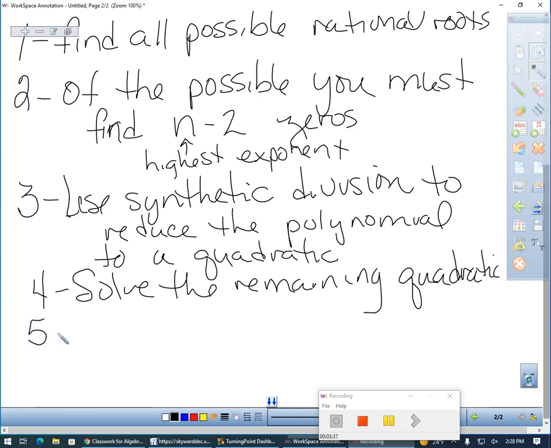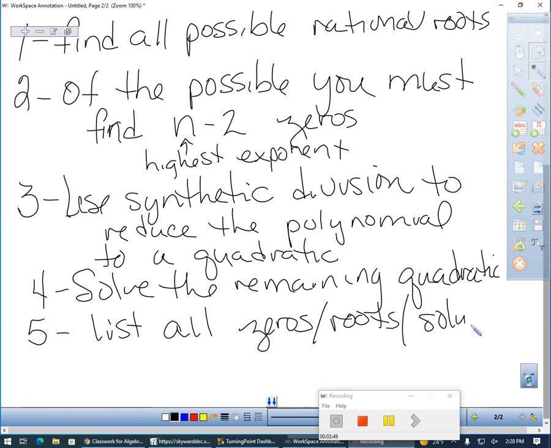And then step 5, list all zeros, roots, solutions, because those all mean the same thing, of the polynomial. So when we get down to this last step, we should have a total of n solutions, right? N is your highest exponent, so we should have n solutions when we're done, okay?